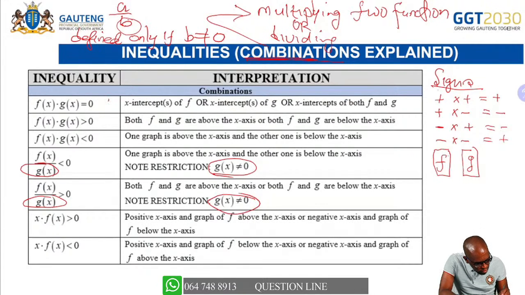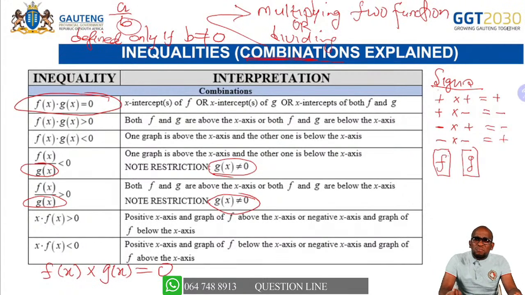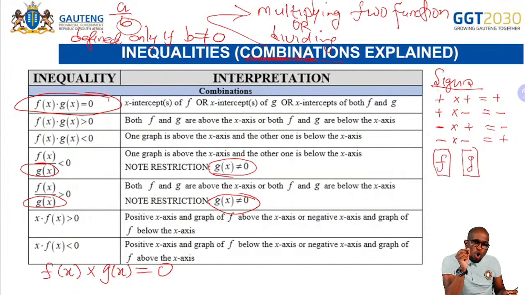Now, if we look at where this starts, it starts when f of x times g of x is equal to 0. What does this mean? This statement will only be true if g of x is equal to 0 or if f of x is equal to 0 or both.